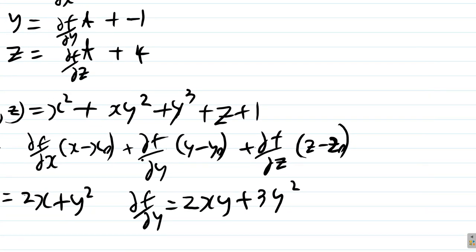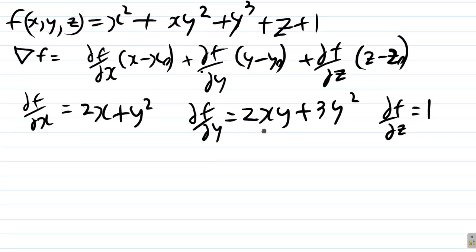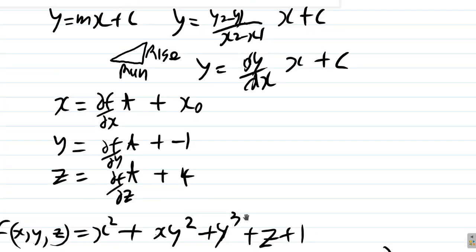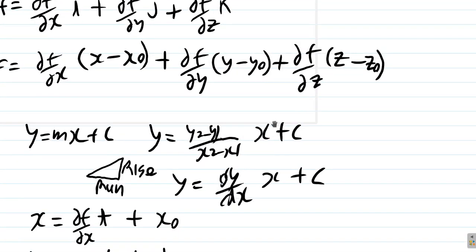And then the partial of the function with respect to z is going to be, well, looks like it's just going to be 1 when you differentiate it. Alright? Now, what was the point again? 2, negative 1, 4.